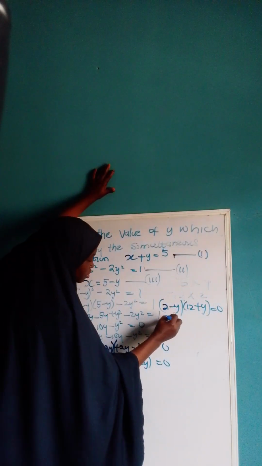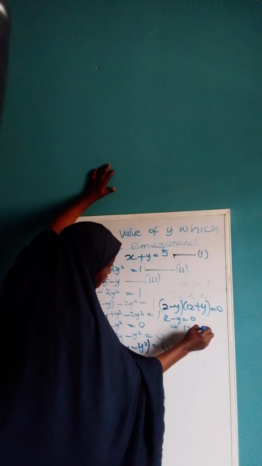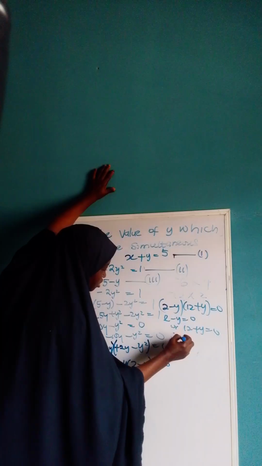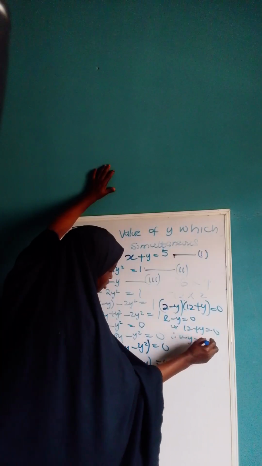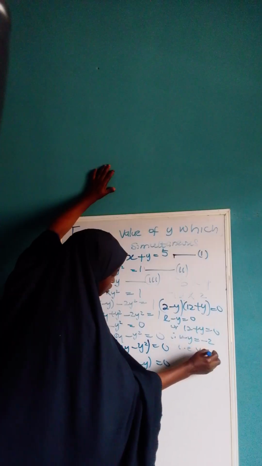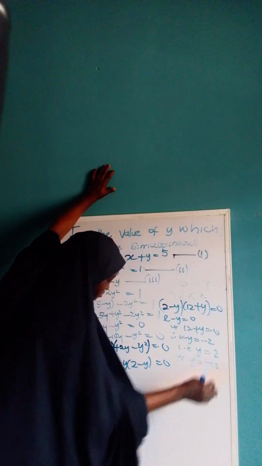Therefore 2 minus y equals 0, or 12 plus y equals 0. Therefore minus y is equal to minus 2, so y equals 2, or y equals minus 12.